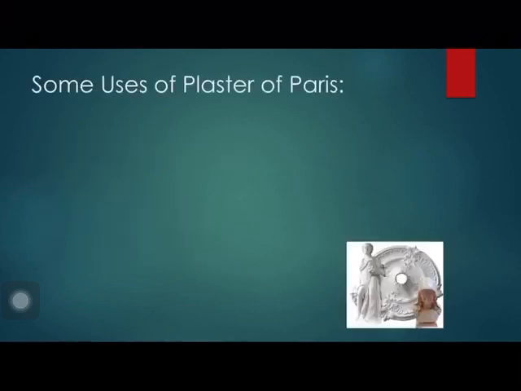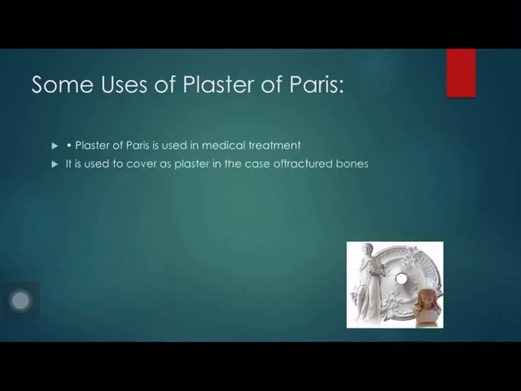There are different uses of plaster of Paris. Some of them we are going to discuss. It is used in medical treatment. It is used to cover plaster on fractured bones. That means whenever a bone is broken, it is fixed with the help of plaster of Paris.